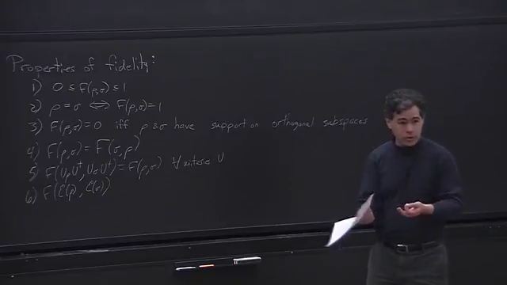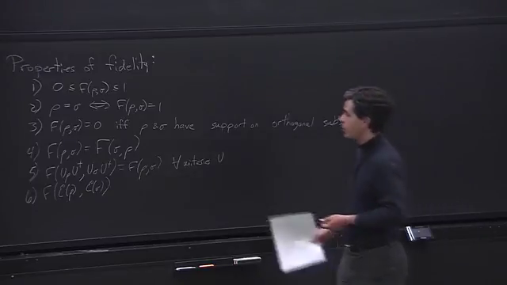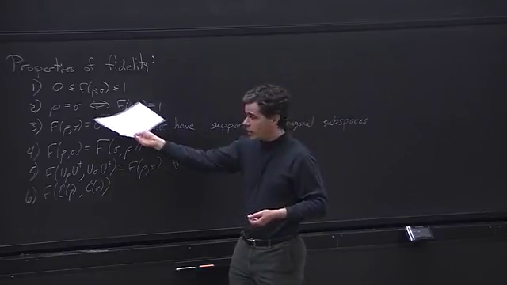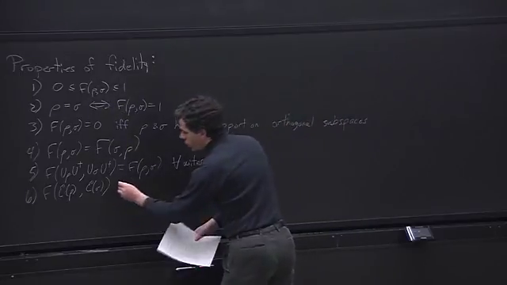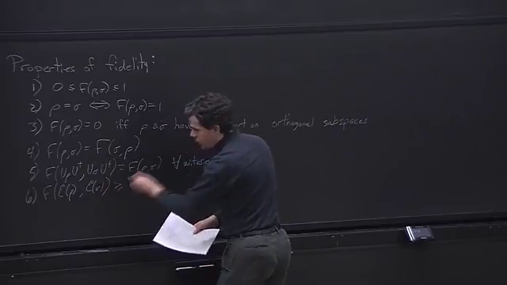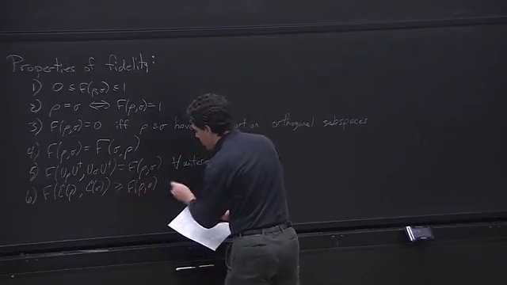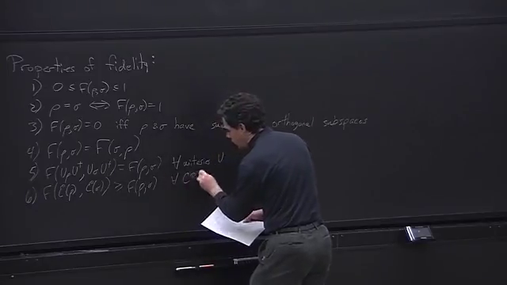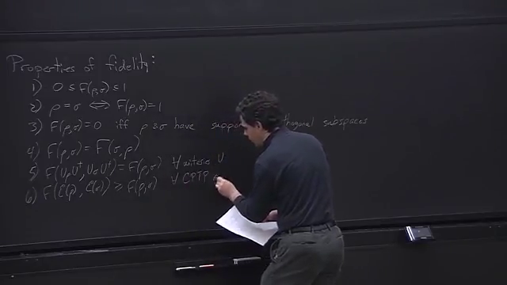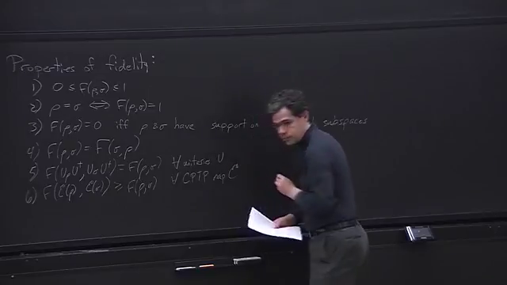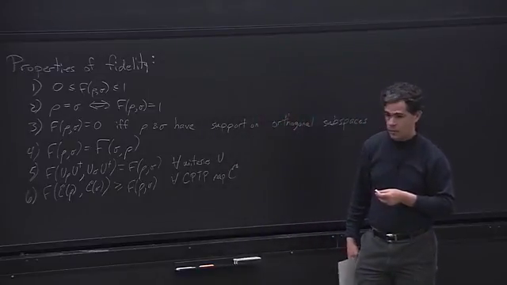And that means they're closer together, so the fidelity should get higher, because the fidelity equals 1 when they're the same. So the fidelity of E of rho, E of sigma is greater than or equal to the fidelity of rho and sigma for any completely positive trace-preserving map E. Okay?